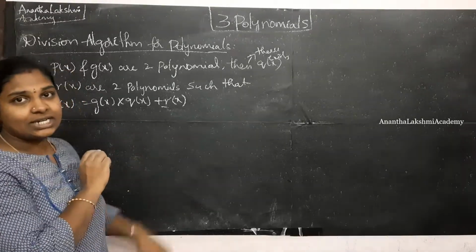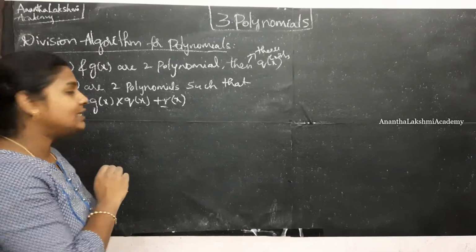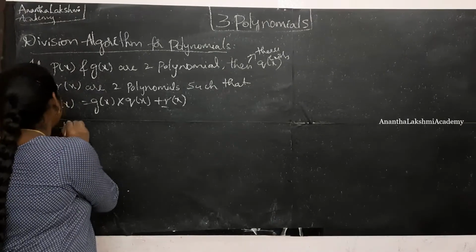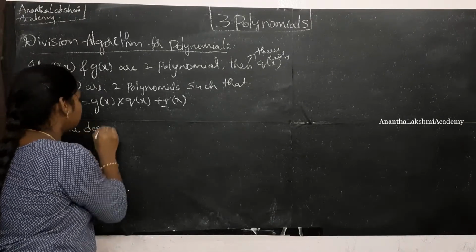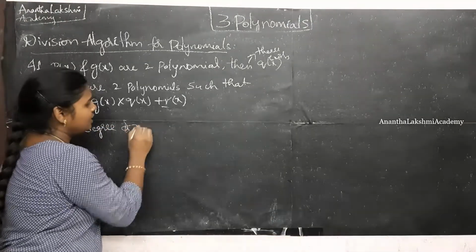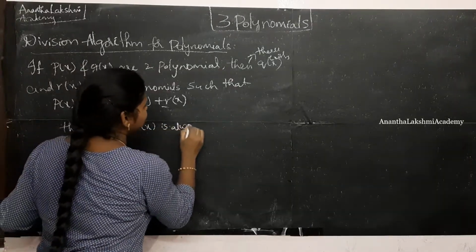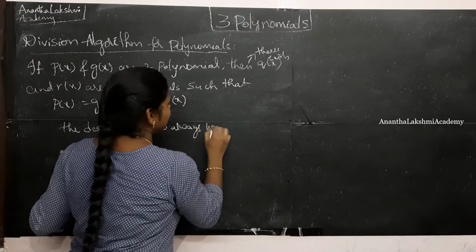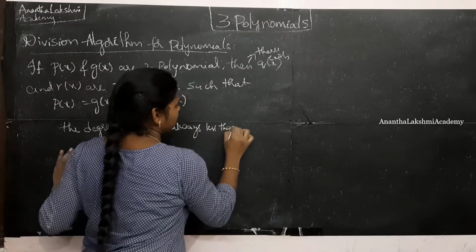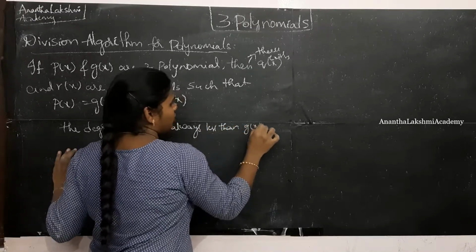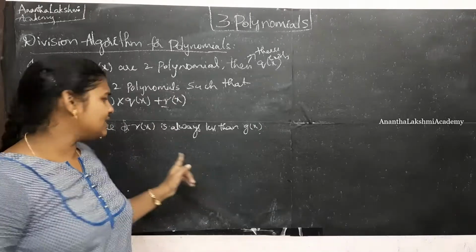Here, since we are dealing with polynomials, the degree of the remainder is always less than the degree of g of x, isn't it?